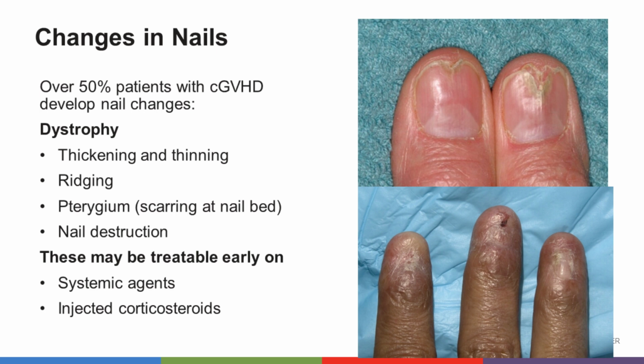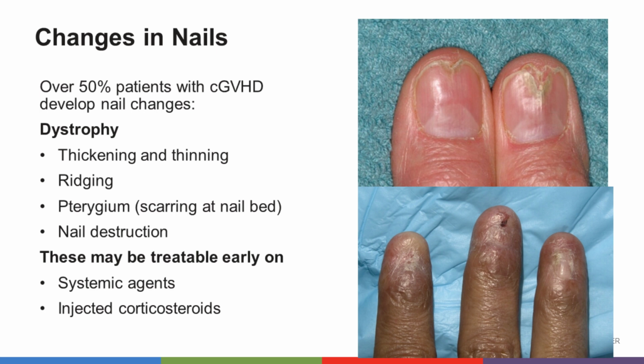I'd be remiss if I didn't talk about changes in the nails, since over 50% of patients with chronic graft-versus-host disease can develop nail changes. So when we say dystrophy, we're referring to any abnormal formation of the nail. At the half moon at the bottom, which we call the lunula, that's where your nail development starts and where your nail grows from.